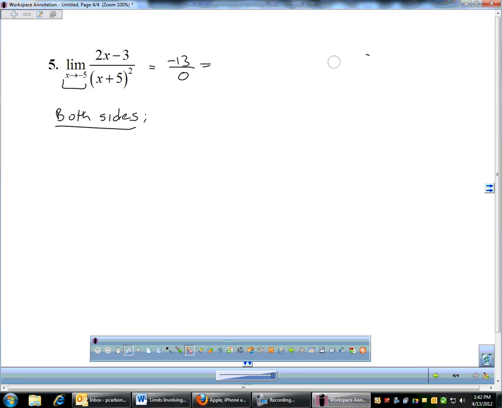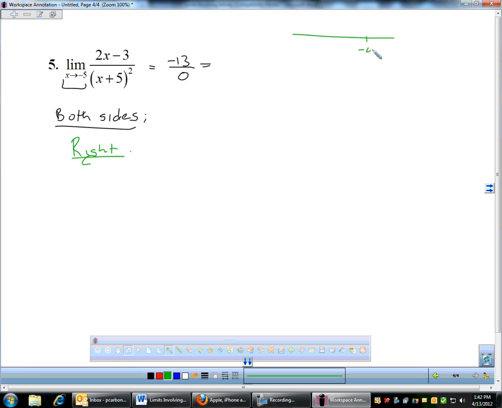So the way we're going to figure that out is starting from the right side. Let's plug in something on the right side of negative 5. Think about your number line. We have negative 4, negative 5, negative 6. Something on the right side would be like negative 4.9. So I'm going to plug that in.